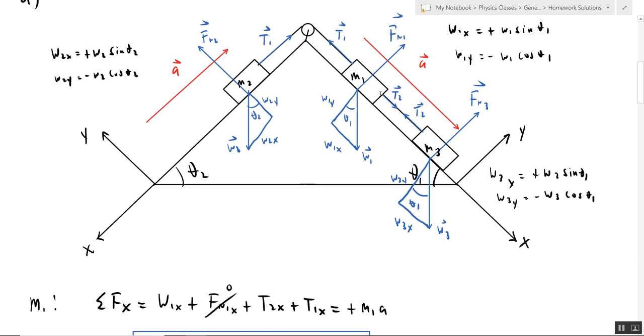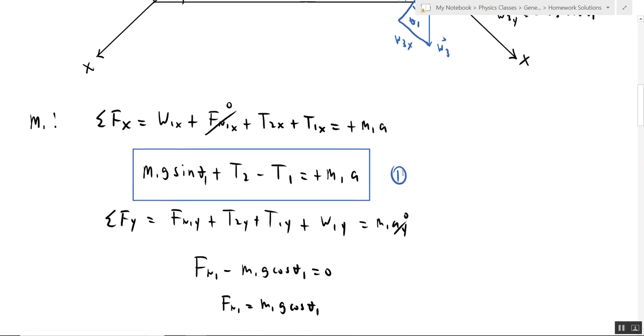So you have T2 minus T1. T2 is going down the incline, T1 is going up the incline. Plus M1g sine theta, because W1x is going down the incline, is equal to MA, and A is positive because mass 1 is accelerating down the incline.